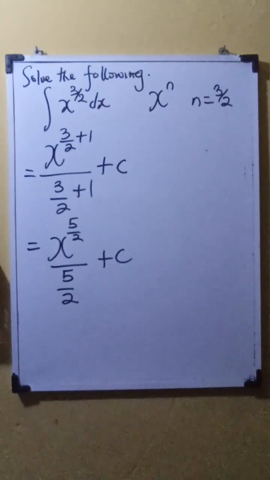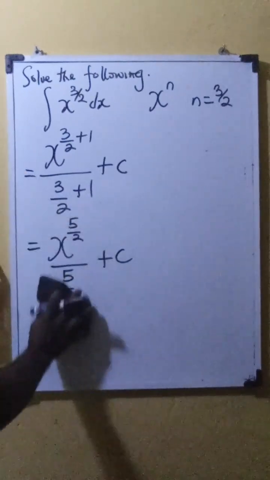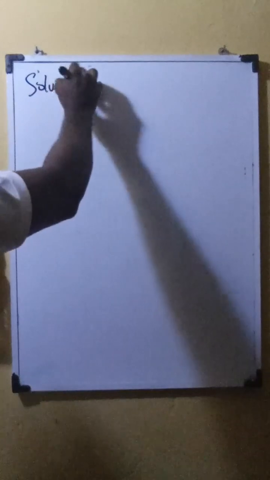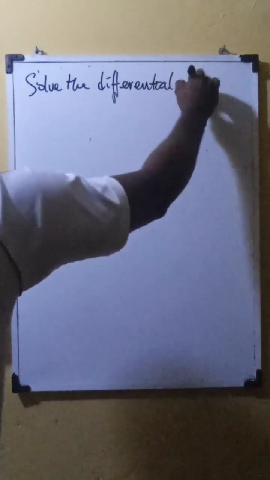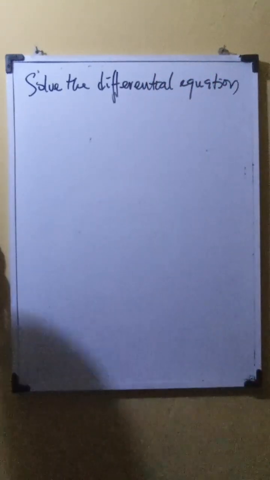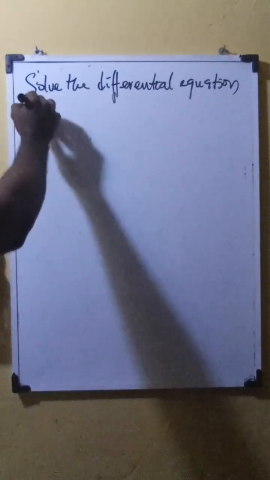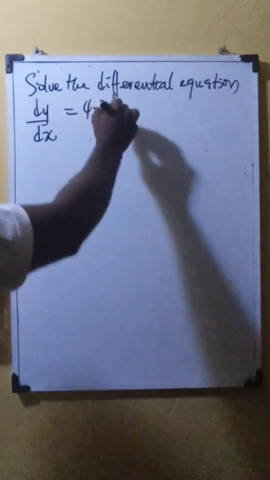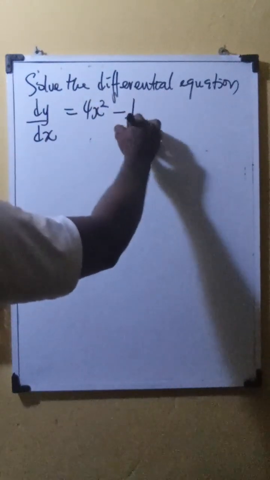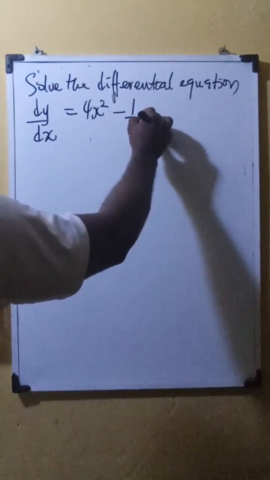So I'm going to bring forth another example. If we have, say, solve the differential equation dy over dx equals 4x squared minus 1 over x squared.